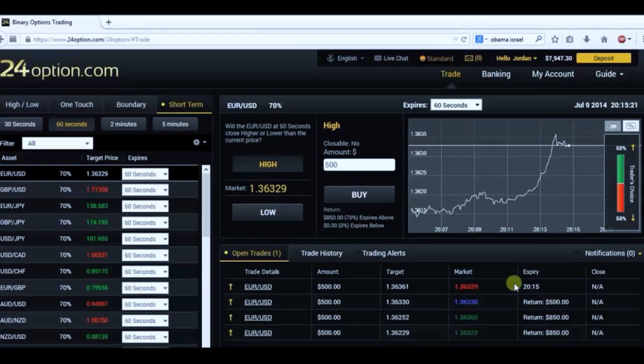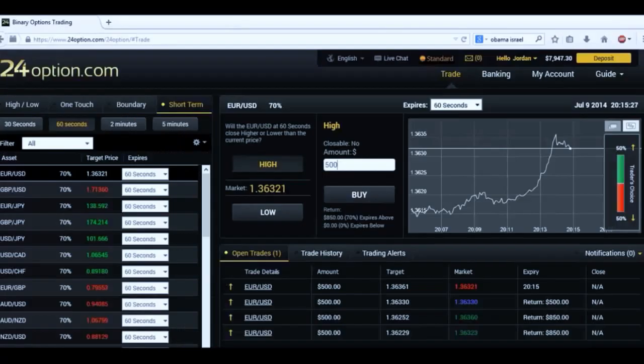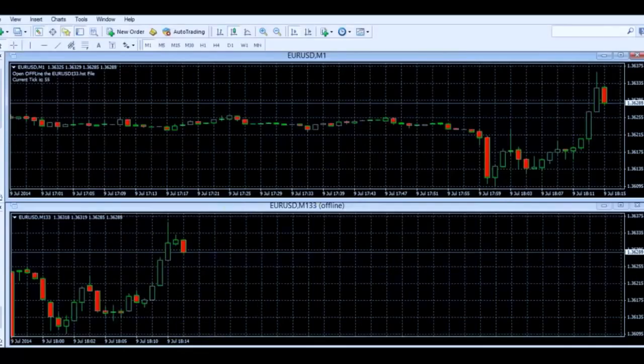Okay, so we won 3 out of our trades so far. It looks like we might have lost this last trade that we put in. But let's check out if we can do the reversal.